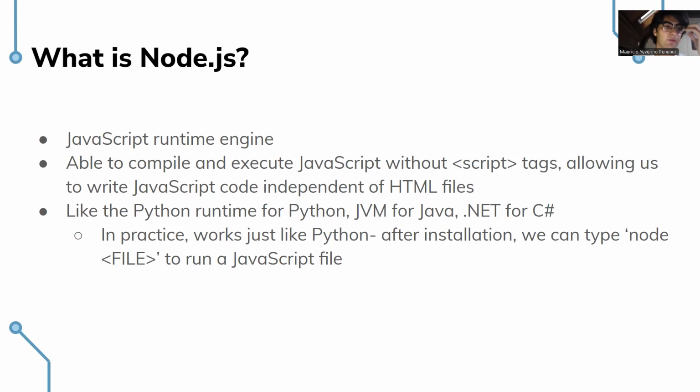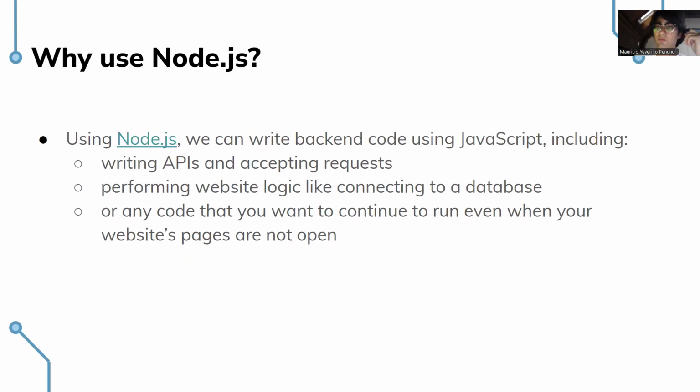Maybe if you're a little bit more familiar with other programming languages, you'll know that Python also has a runtime, Java has a JVM, and so on. So why should we use Node.js?